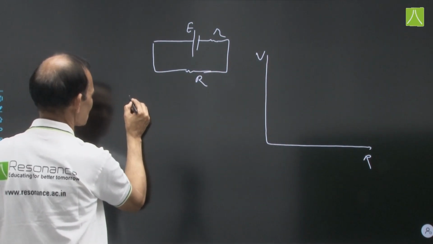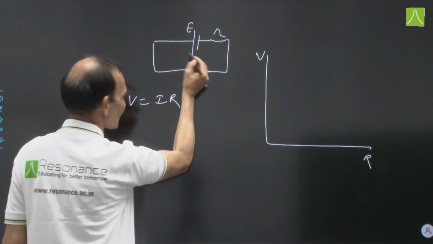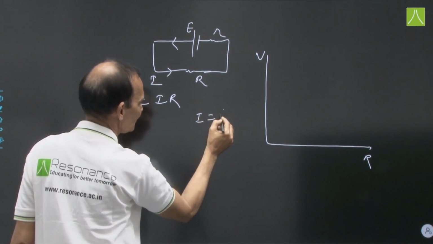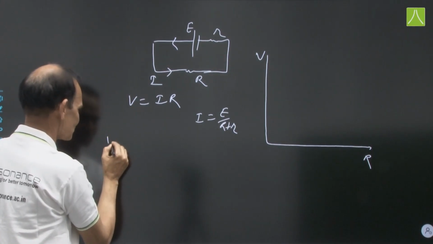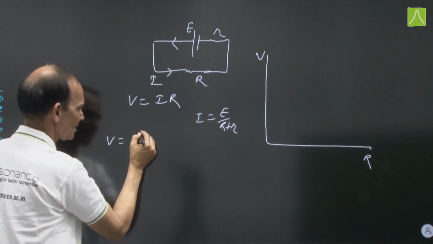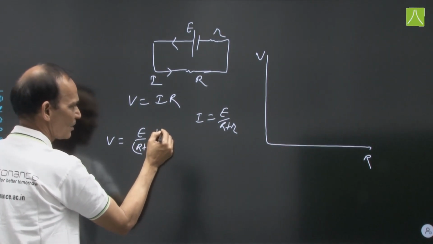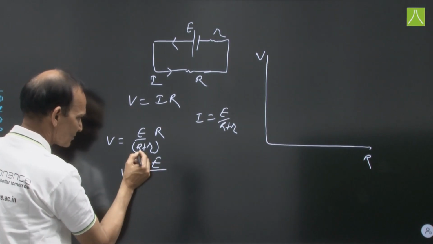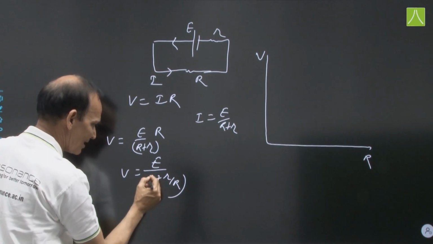Do you know V is equal to IR? From here, what is the value of I? I will be equal to E upon R plus r. So V will be equal to E upon R plus r, into R, or we can also write it as V equals E upon 1 plus small r upon capital R.